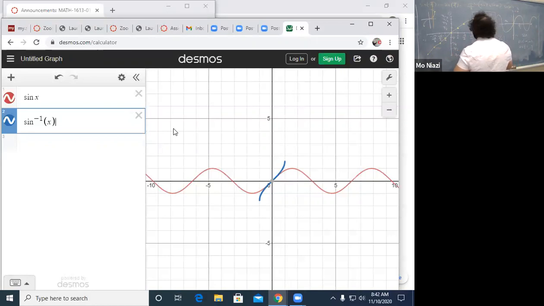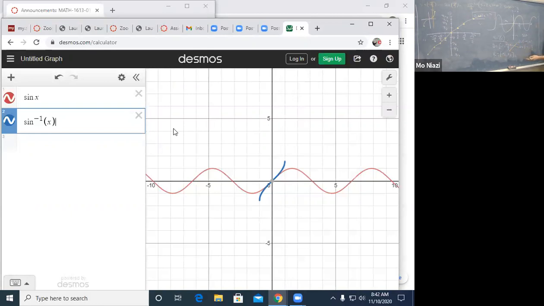So the lengths vary from negative 1 to 1, and the output is angles, but the angles can only range from negative pi over 2 to pi over 2. Notice that this range goes to that domain, and this domain goes to that range.